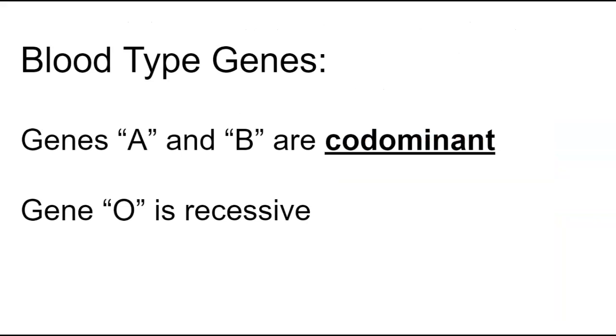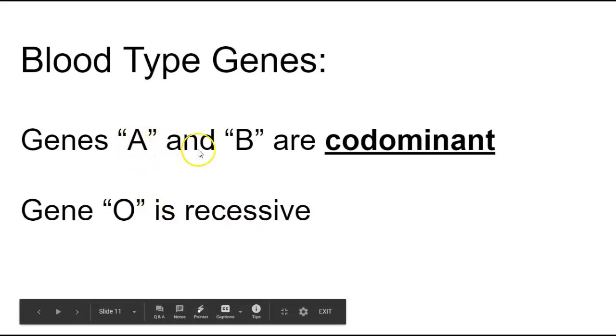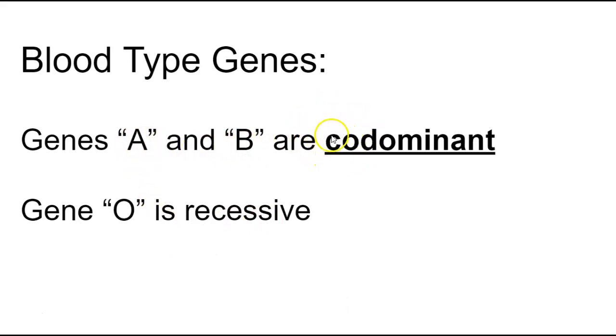So write this down. For our blood type genes, gene A and gene B are co-dominant. Think about what this word means, co, right? If you're co-parenting, you're parenting together, okay? So co means together. So they're both dominant.